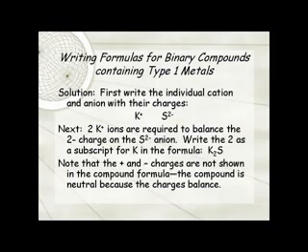When we look at this, we need to balance the charges. So we need 2 K plus ions to balance the 2 negative charge on the S2 minus anion. So we'll write 2 as a subscript for the potassium in the formula, so the formula will be K2S. Notice that the positive and negative charges are not shown in the compound formula. The compound is neutral because the charges balance.